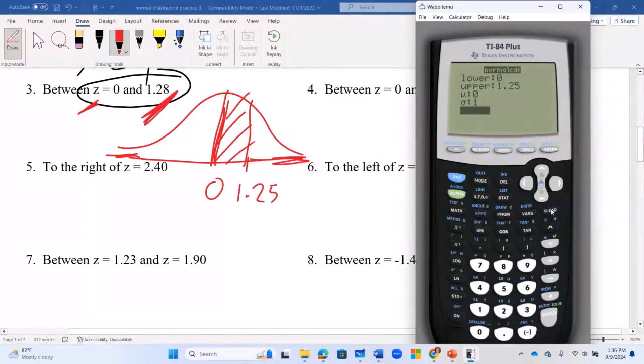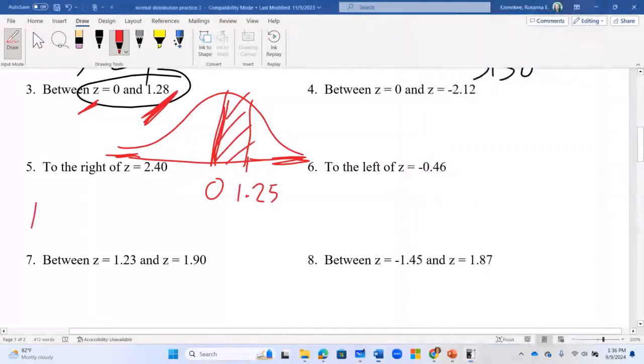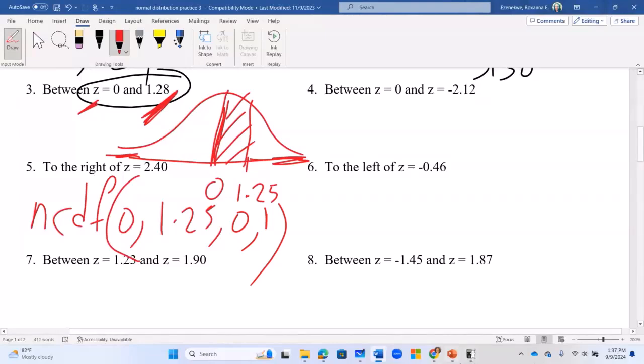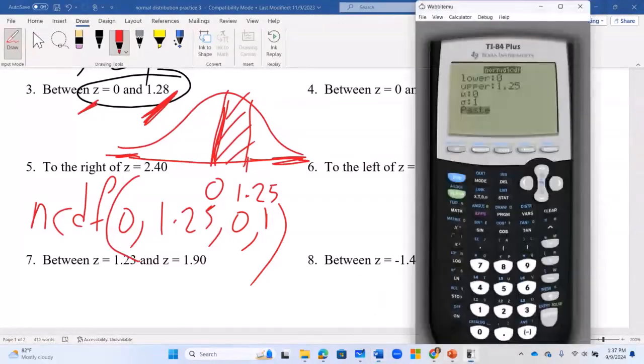By the way, let me write the argument again so that you will know. So it's normal CDF, normal cumulative density function, lower bound 0, upper bound 1.25, the mean is 0, the standard deviation is 1. So that is the argument I just typed in my calculator.